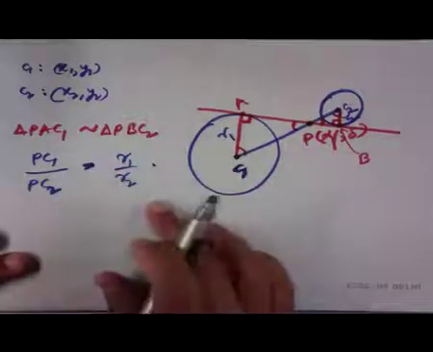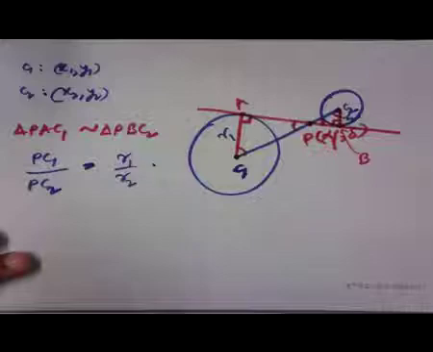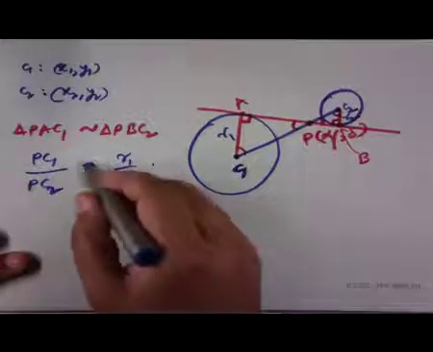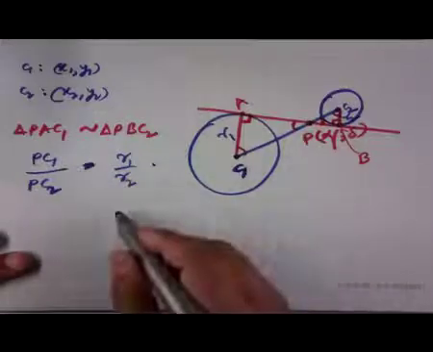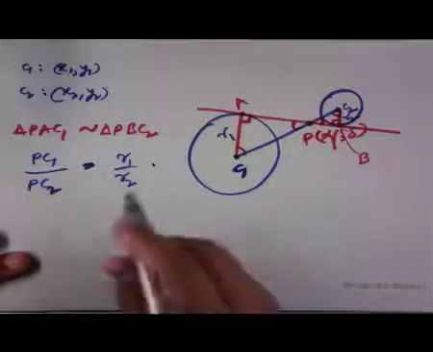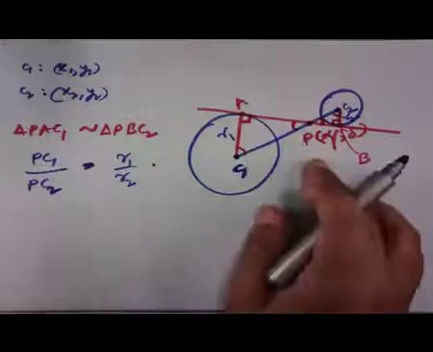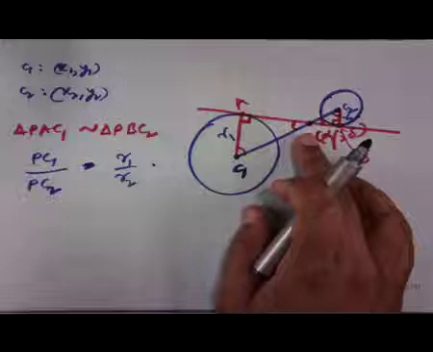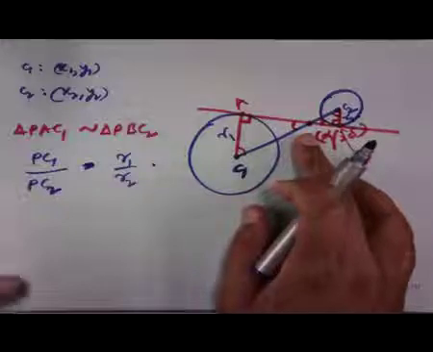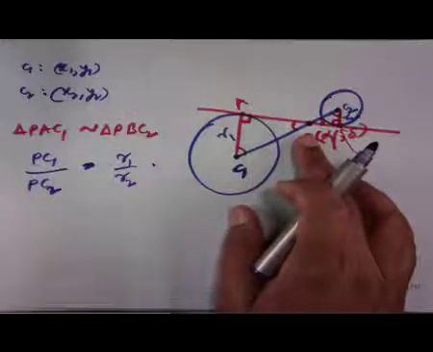Now, starting from here, it is very easy, just like what we did earlier, to find the coordinates of this point of intersection here. That is left as an exercise for the students.